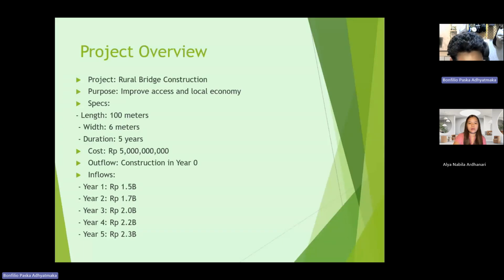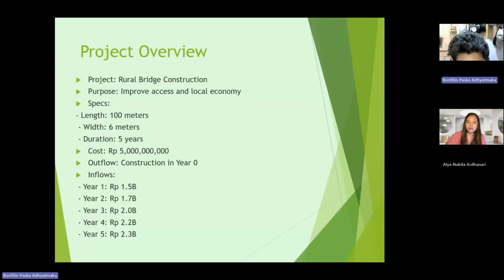The initial investment is 5 billion rupiah, which is fully spent in year zero during the construction phase. Starting from year one, the project begins to generate economic inflows projected as 1.5 billion rupiah in year one, 1.7 billion in year two, 2 billion in year three, 2.2 billion in year four, and 2.3 billion in year five.